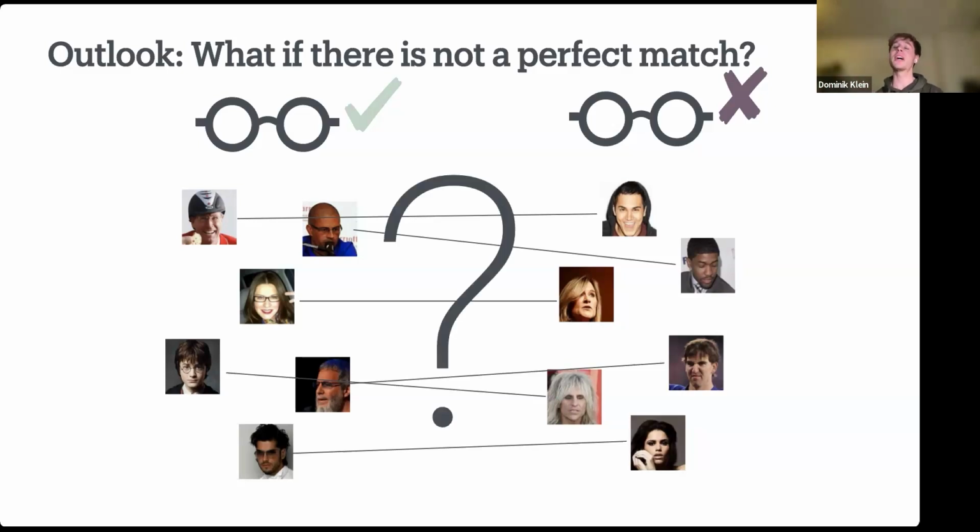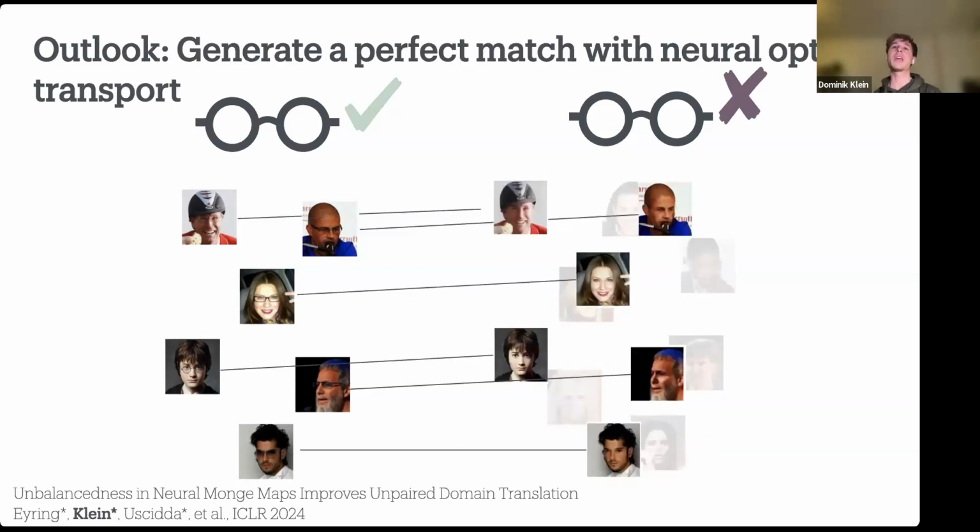Because we cannot find the perfect match in the existing target distribution, we can just say we can generate the perfect match. Here we generated those images with a neural optimal transport map based on flow matching. This is a paper which we had at ICLR last year.